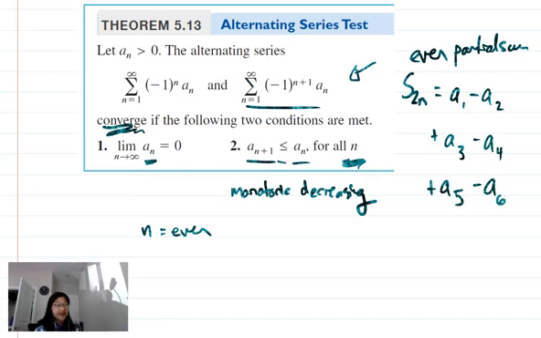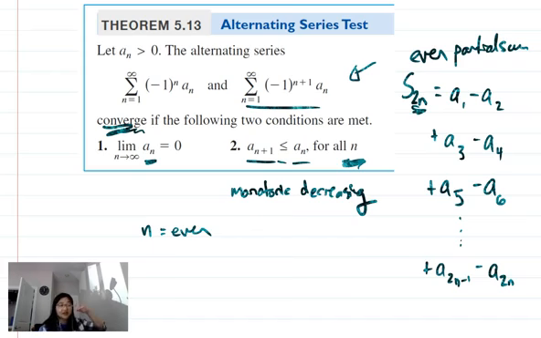And that keeps going until we have plus a sub 2n-1 minus a sub 2n. So the previous term minus this last 2n term.